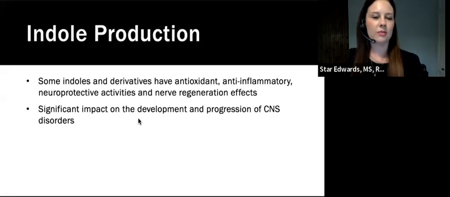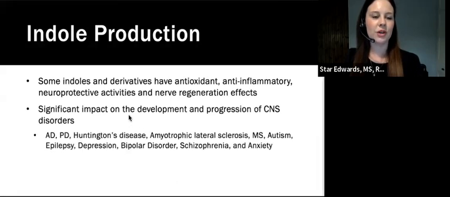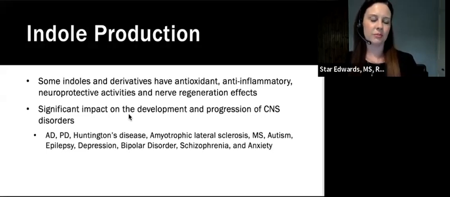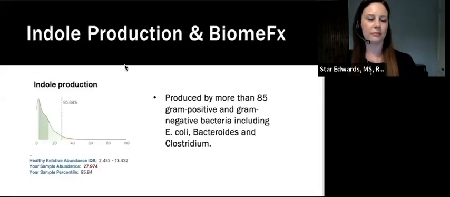Significant impact on the development and progression of the central nervous system disorders. So we do find that while they're beneficial, elevated indoles may impact and lead to progression of many of these conditions, including autism, MS, bipolar disorder, and schizophrenia.